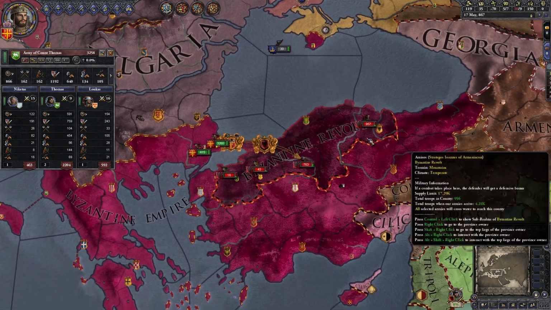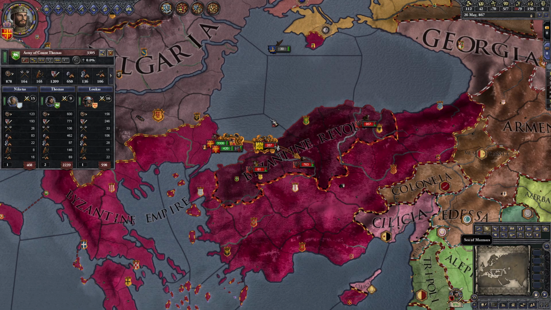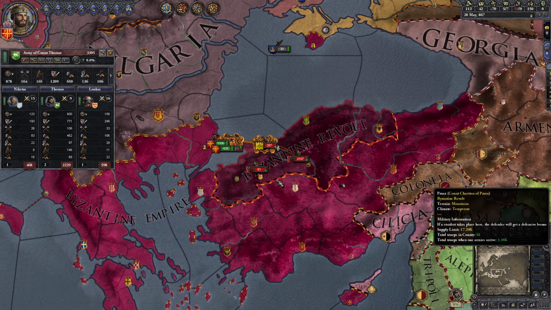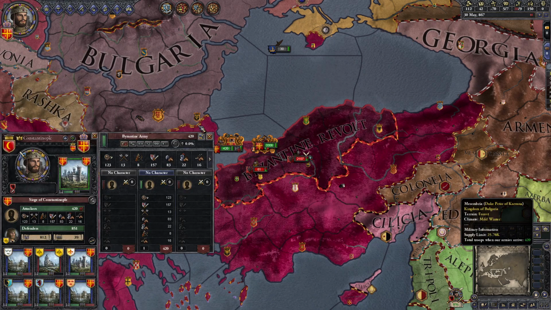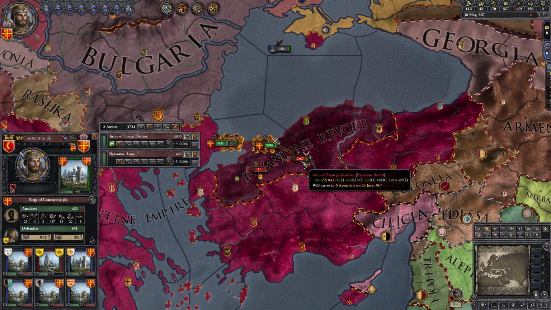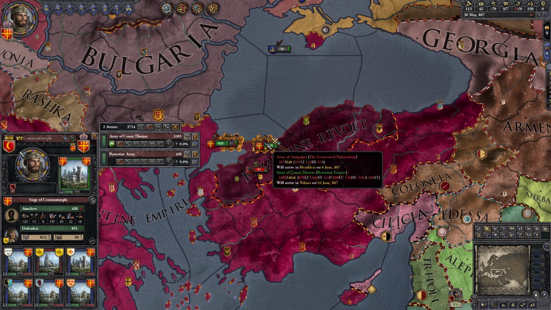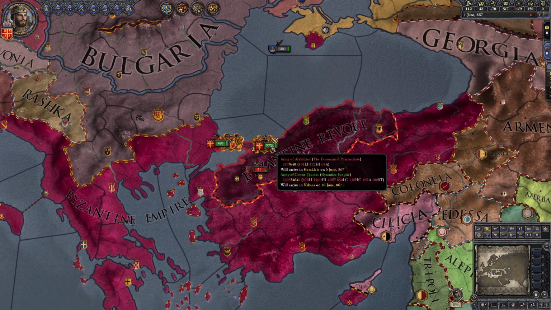Good. Notice how the army was just marshaled, so their general performance, so to speak, is flagging. Okay, he's going to reach Nicomedia. Oh, no. Wait, he's going to Nicomedia.